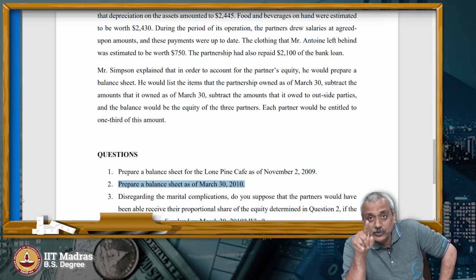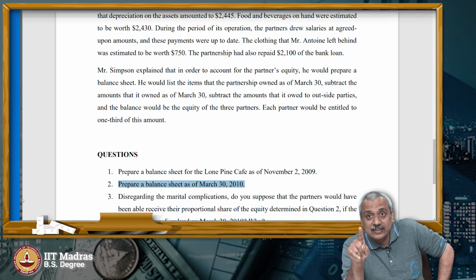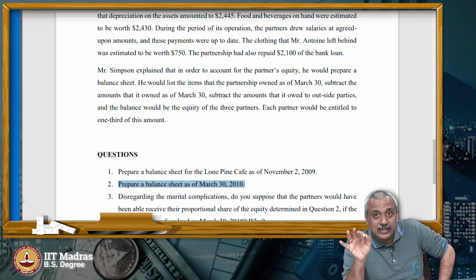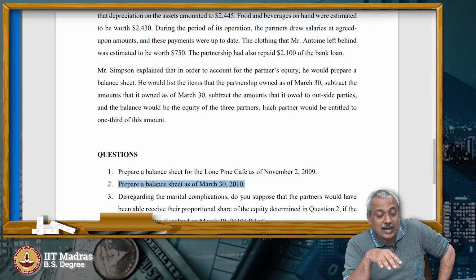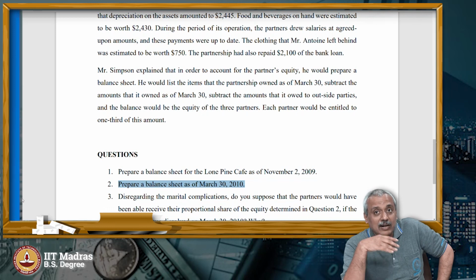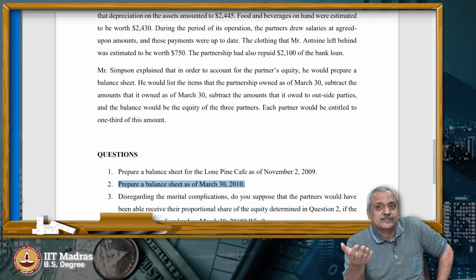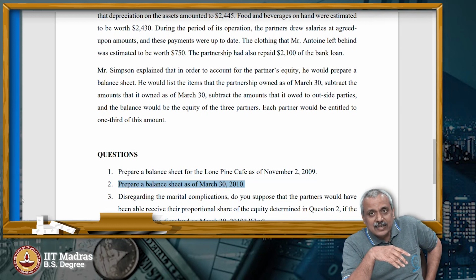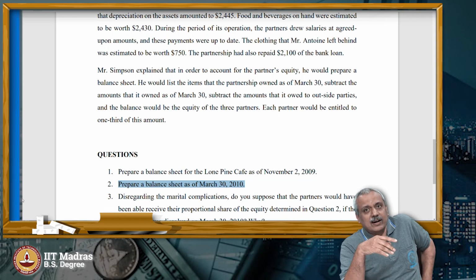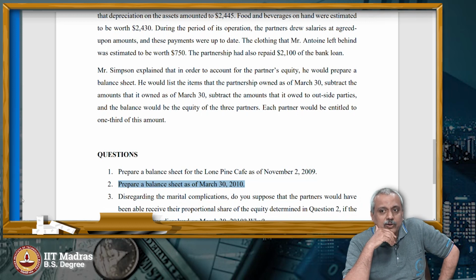I want you guys to try this on your own. Right? And then I am going to do it here, but I want you to try and see if you can solve it, and then refer back to my lecture on how we have gone about doing it.